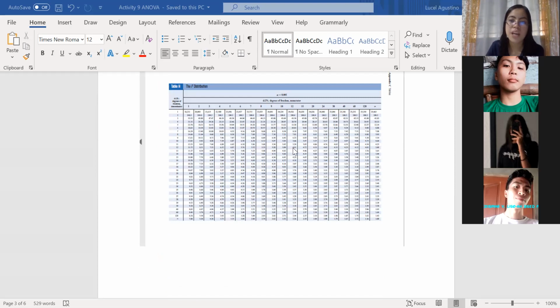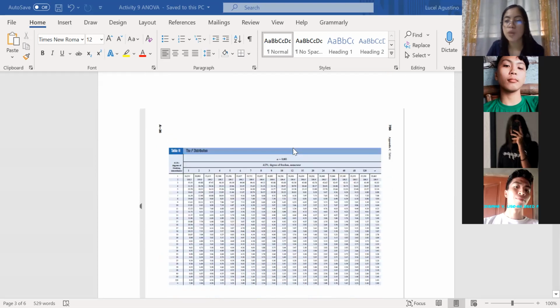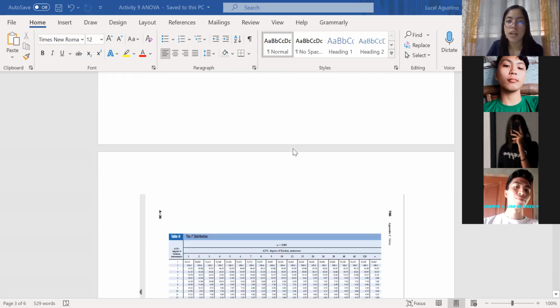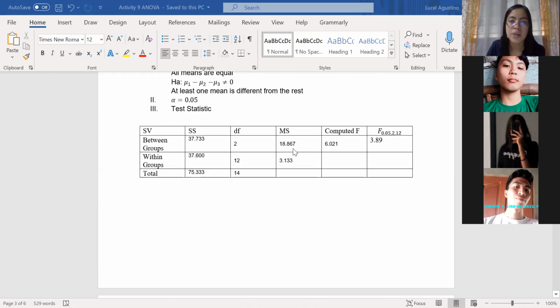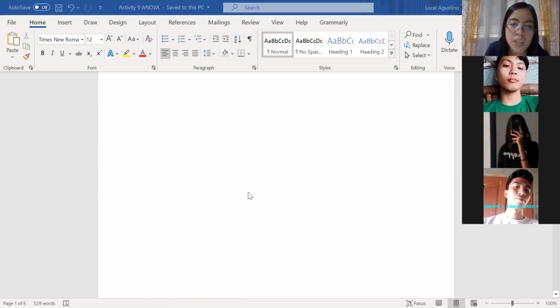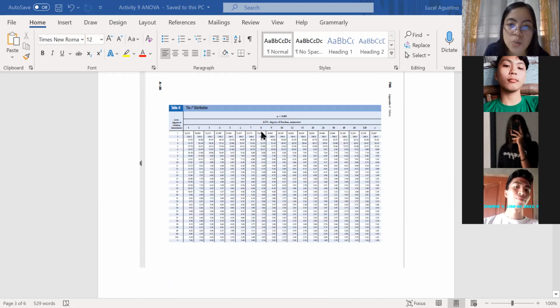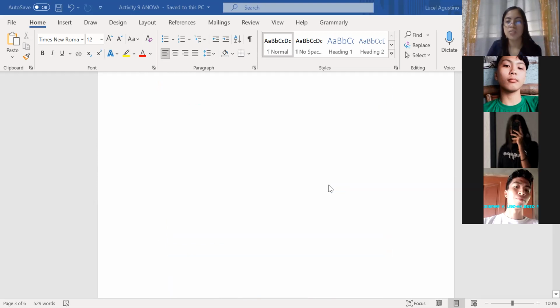Then look there. We have 0.05, right? And our DF is 2 and 12. So look for 2 and 12 here. The value there is your tabular value.